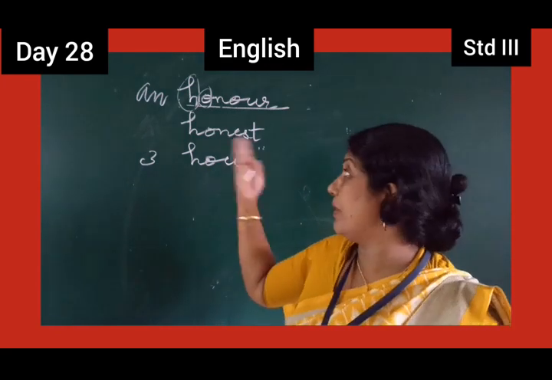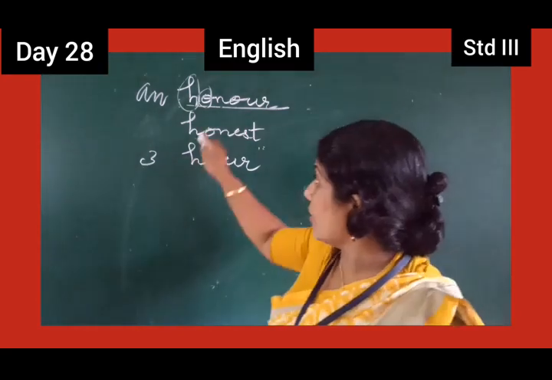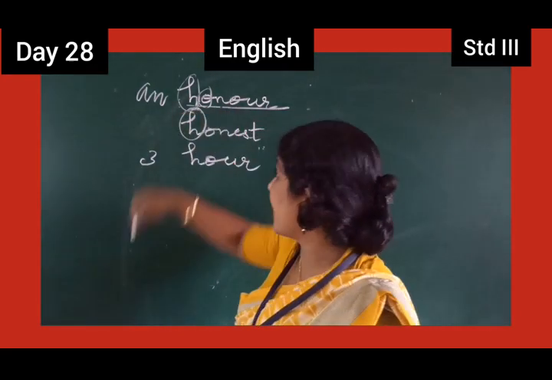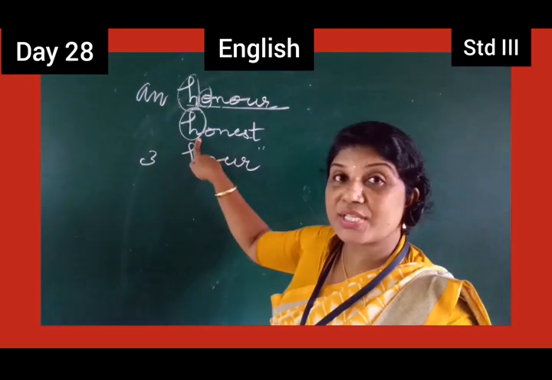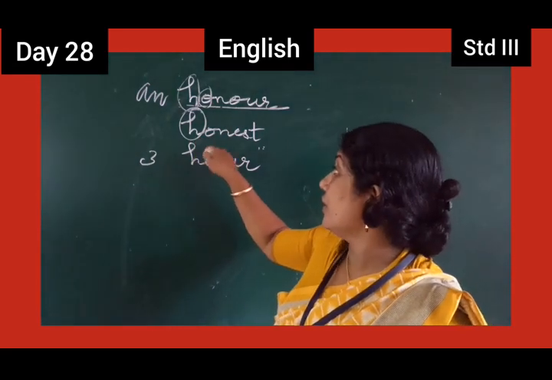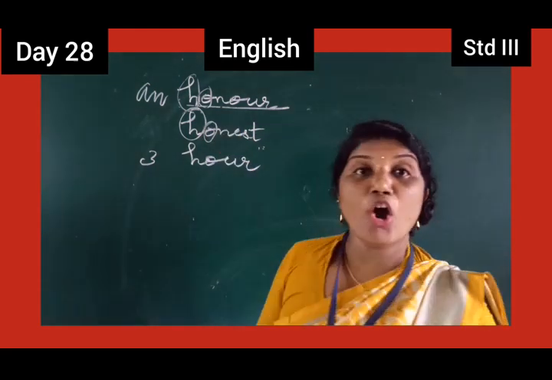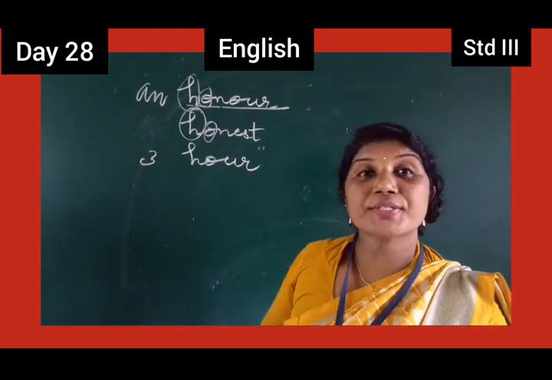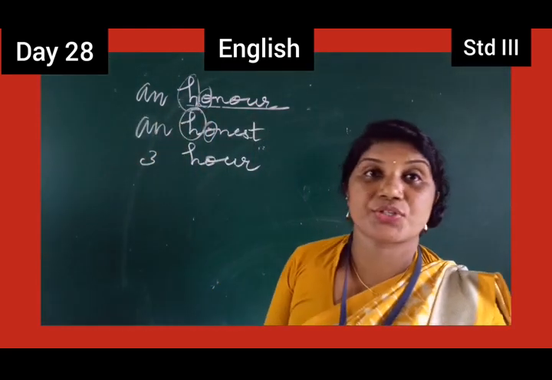How will we pronounce it, children? Honest. Here also H is silent. Understand? H is silent. Then you should pronounce honest. So here O. O is a vowel. So you should write an honest.